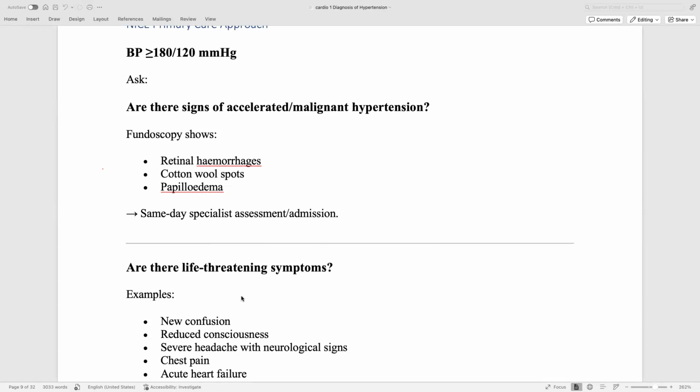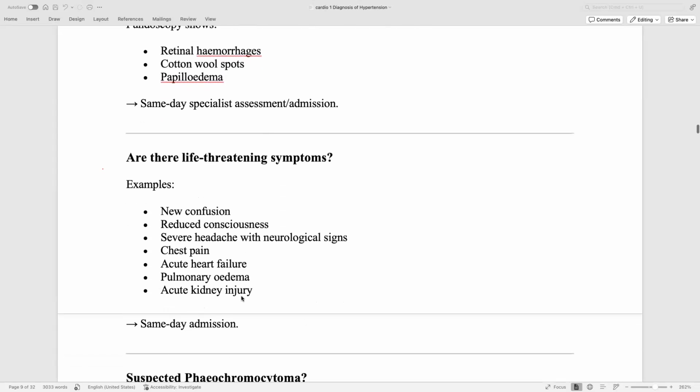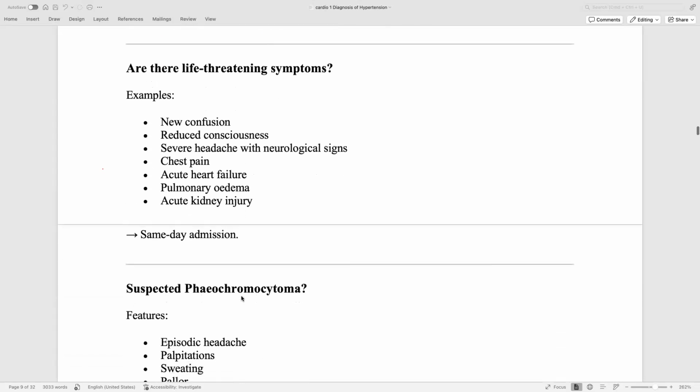This needs intensive investigation to know if there are any secondary elements or not, and to treat the blood pressure and the complications or to prevent more complications. So the main treatment is same day referral. If life threatening, admission by ambulance.